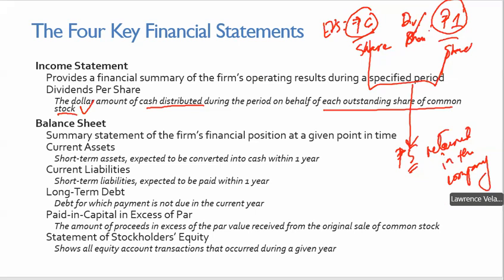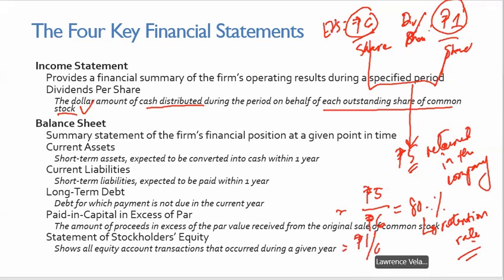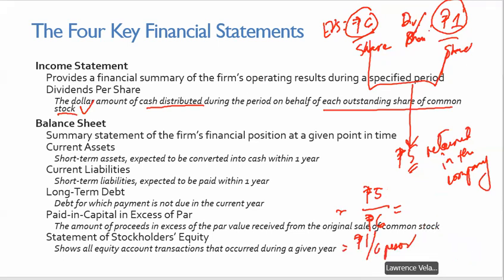Therefore, 5 pesos out of 6 pesos, so that's 80-something percent, is the retention rate of the company, the portion of earnings that is retained. The 1 peso over 6 pesos is called the payout rate, or dividend payout rate.